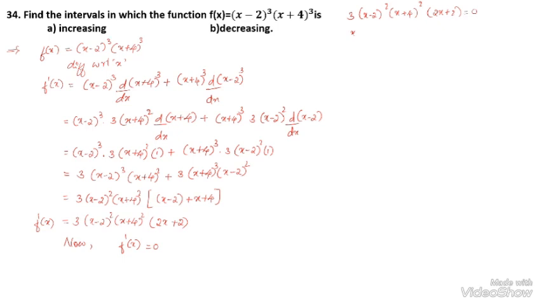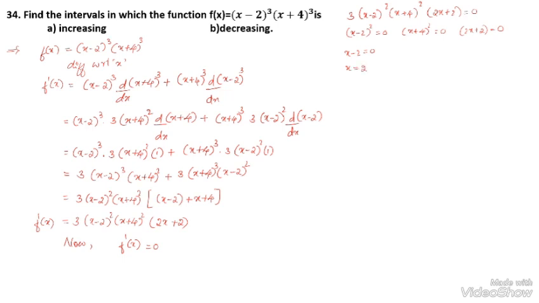Here x minus 2 whole square is equal to 0, x plus 4 whole square is equal to 0, and 2x plus 2 is equal to 0. Taking the square to the right side, it becomes 0. x minus 2 is 0, then x is equal to 2.